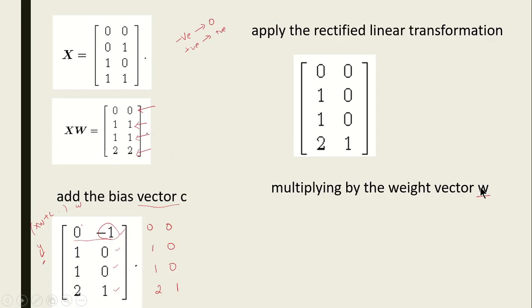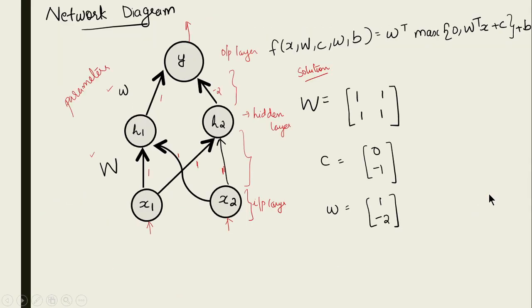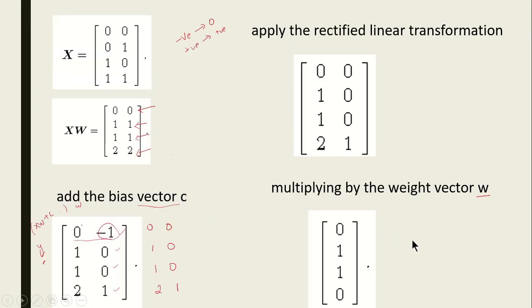This small w is the last layer, between the hidden layer and the output layer. So this is the output after multiplying with w. What was w? w is 1, minus 2. So we multiply it with 1 minus 2, and we will get the output like this: 0, 1, 1, 0.